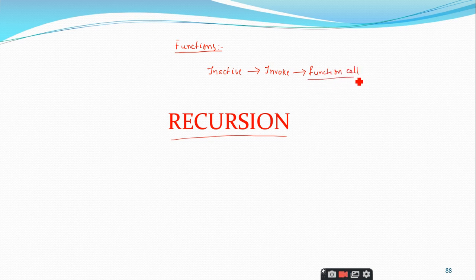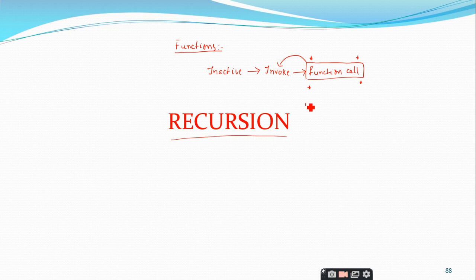A function call is a mechanism where you call another function in order to invoke it and get some task completed. This is what we have seen, so function call is a term that we have learned in those discussions.